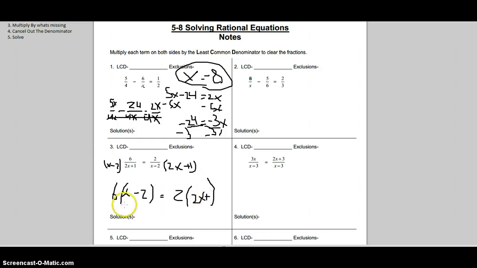So 6 times x is 6x, and 6 times negative 2 is negative 12. 2 times 2x is 4x, and 2 times 1 is just 2, sorry.